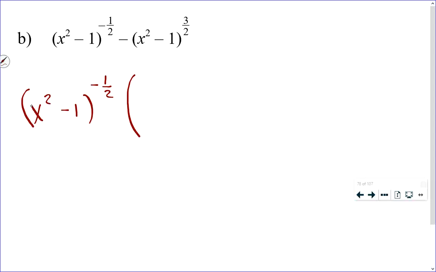Well, out of the first term, we're going to have x squared minus 1 raised to an exponent which, when added to this negative 1/2, will give you this exponent, which is 0. Minus x squared minus 1 raised to an exponent that, when added to this negative 1/2, gives you 3/2.